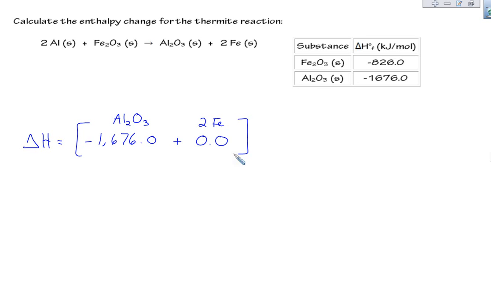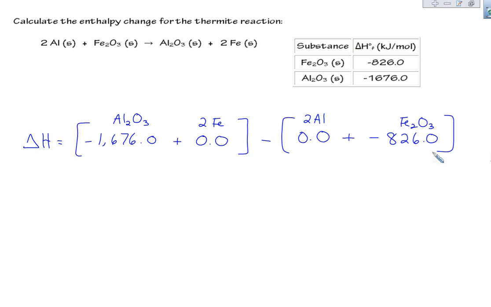It's 0. Products minus reactants. There are 2 aluminum. Aluminum is naturally a solid, so it's going to be 0 for the 2 aluminum. And then we add the total energy for that iron oxide, negative 826 for the Fe2O3. Cool. Okay, you don't have to put in the zeros.